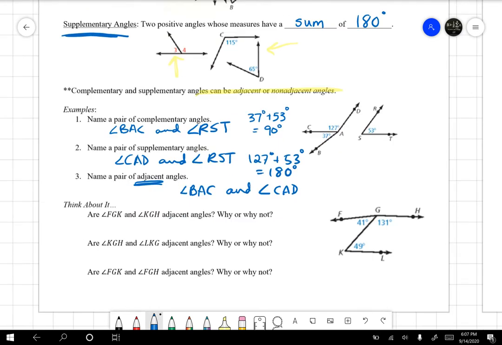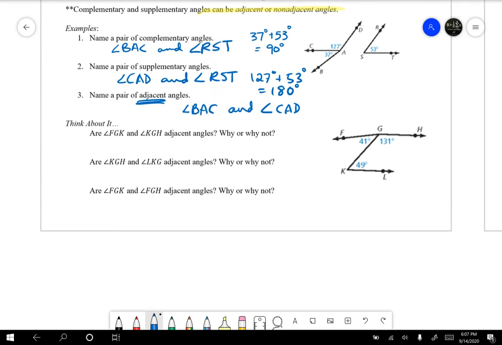If you think about this, are FGK and KGH adjacent? If I were you, I would just trace it.